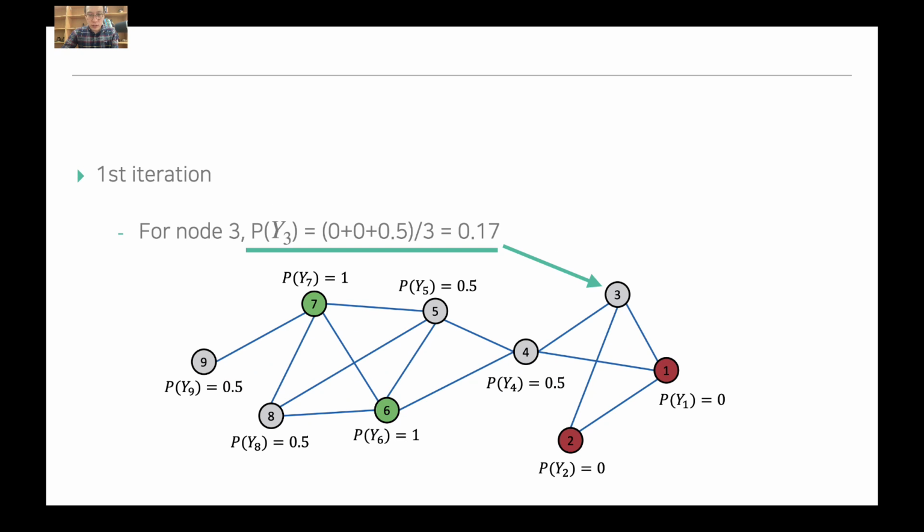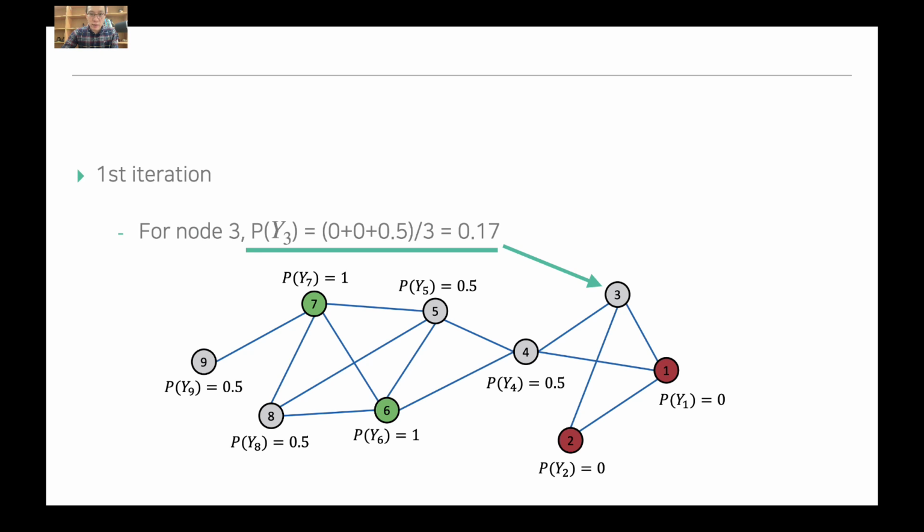And the first iteration, for node 3, the sequence of the updates could be randomly determined. In this case, we follow the order of the node ID. So nodes 1 and 2 have their own labels from the training data, and for node 3, we don't know the label, so we just average from the neighbors.